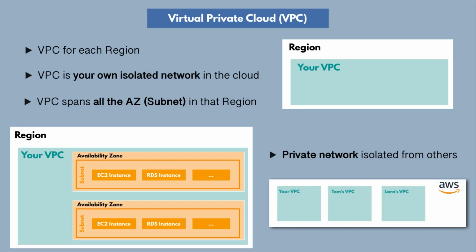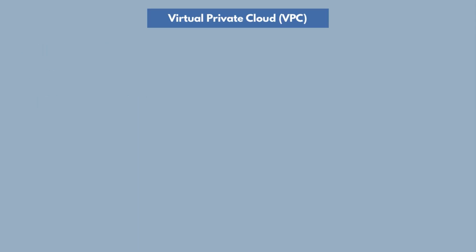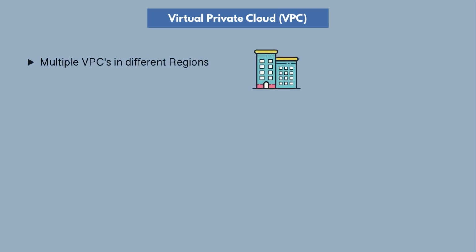So they might actually be running on the same physical machine, same computer, but they will be isolated in private networks with VPCs. And for bigger corporations that have much more complex application setups, they can actually use multiple VPCs and manage multiple of these private networks in different regions.